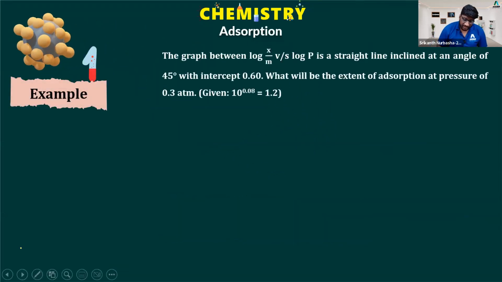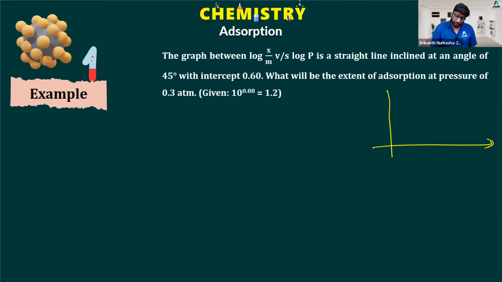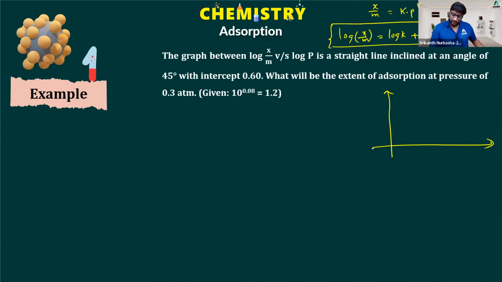Try to solve this. The graph between logarithm of x by m versus log p is a straight line inclined at an angle of 45 degrees with an intercept of 0.6. So we know x by m is equal to k into p power 1 by n. Logarithm of x by m is equal to log k plus 1 by n log p.